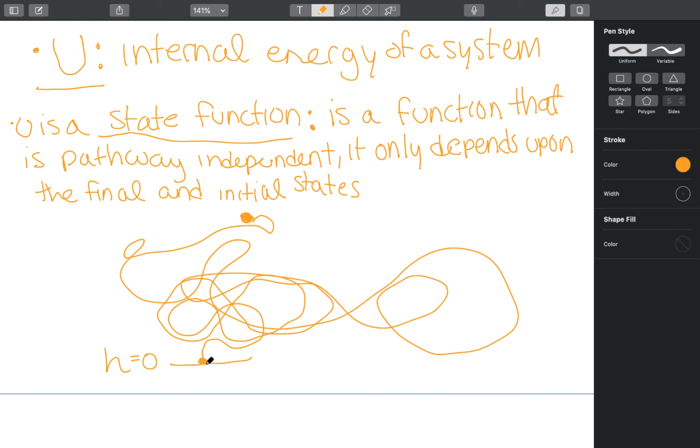So what is the potential energy change that you get? Well, you don't have to take into account all this travel time. All you have to do is measure the difference in height between the initial point and the end point, the final and the initial point. And then you can get your potential energy difference. So the same thing can be done for internal energy.